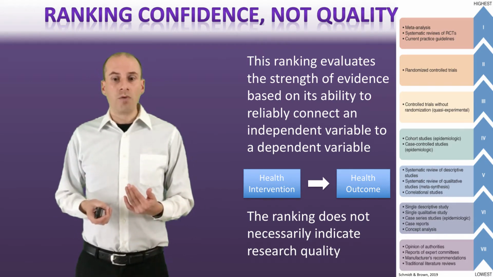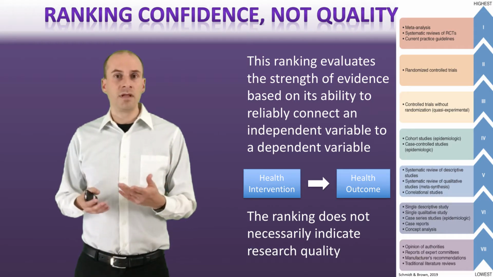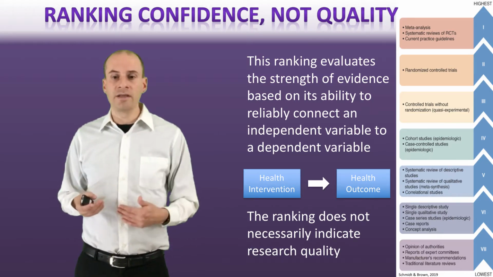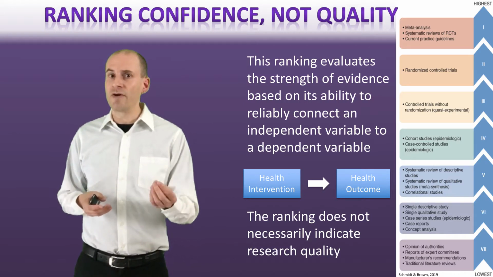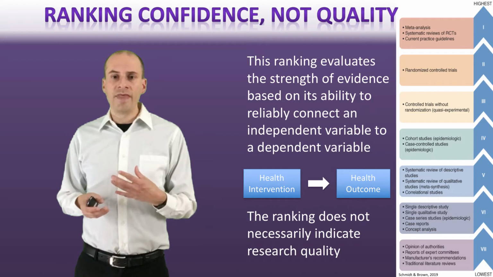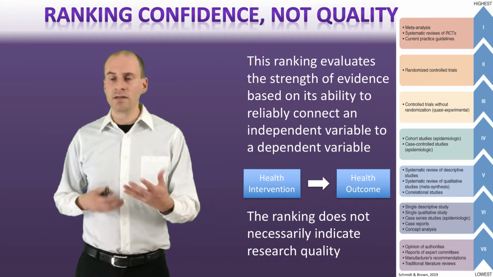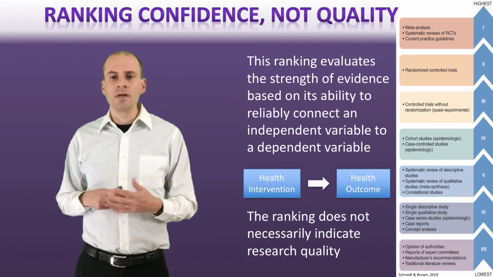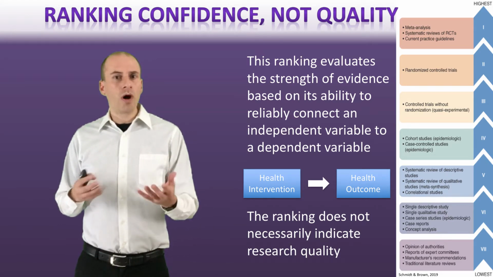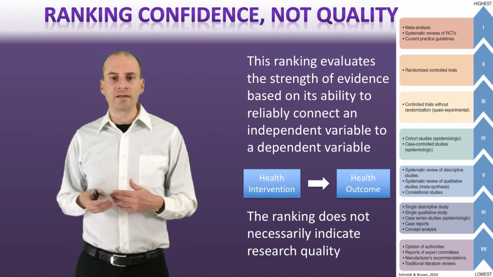Whereas you can also have narrative reviews, which are in the bottom category, which can actually be very thoughtful, very careful, and very insightful, that can really be helpful for us thinking about practice and improving public health. So quality varies across all these different rankings.